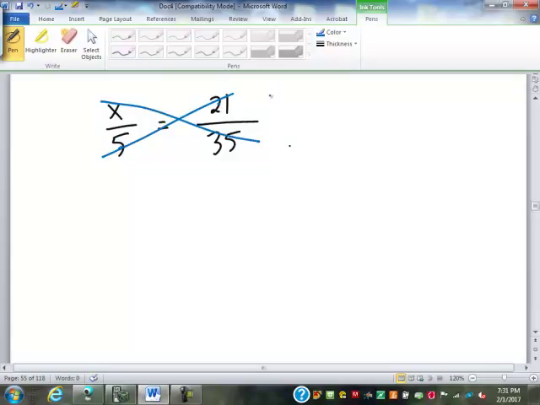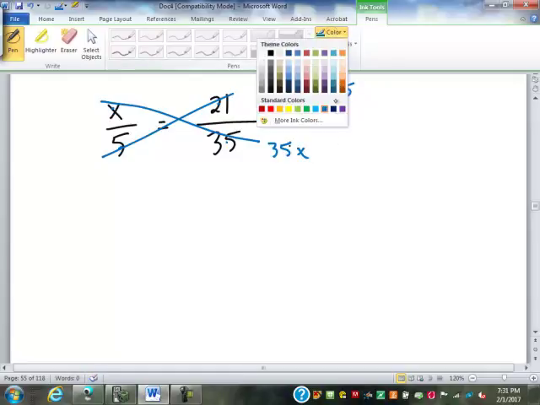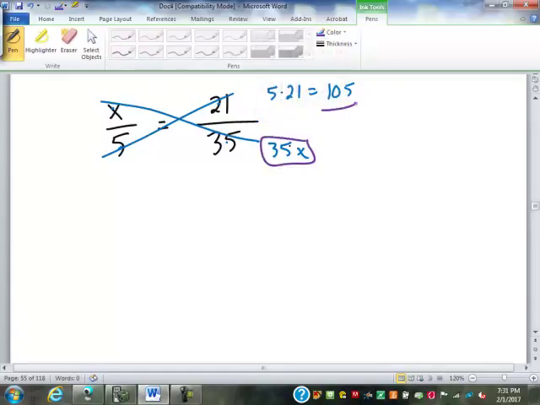5 times 21 is 105. X times 35 is 35x. Those cross products have to be equal to each other. So the 105 has to equal 35x.